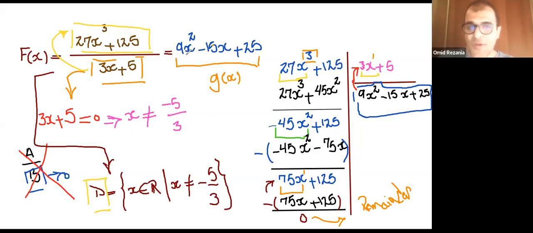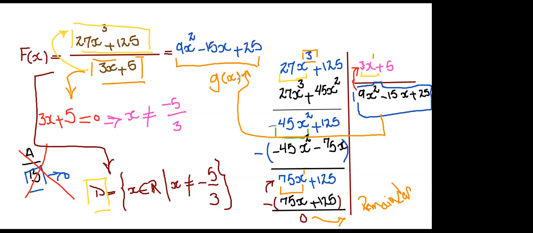Please look at this function, 9x squared minus 15x plus 25, which is the result of dividing this cubic expression by this linear expression. And we get the result here. I'm going to take this result and bring it here. Right? Yes. That's right.